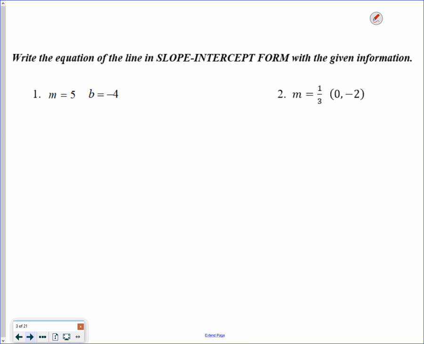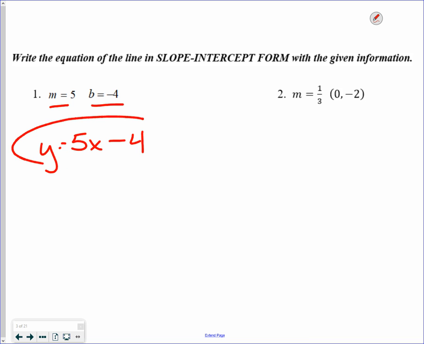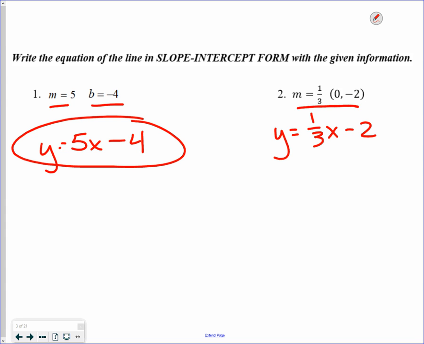So now, using those formulas, we're given the slope and we're given the y-intercept, so we can go immediately using y equals mx plus b, straight to the slope-intercept form. Second one, technically you could also do that because you are given the slope and -2 is the y-intercept.